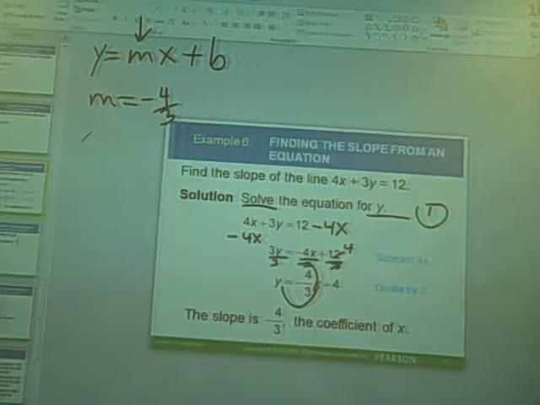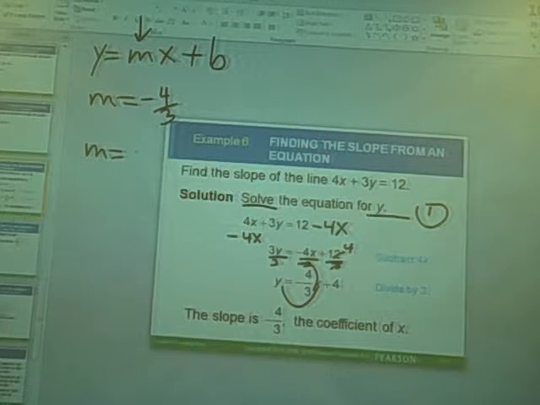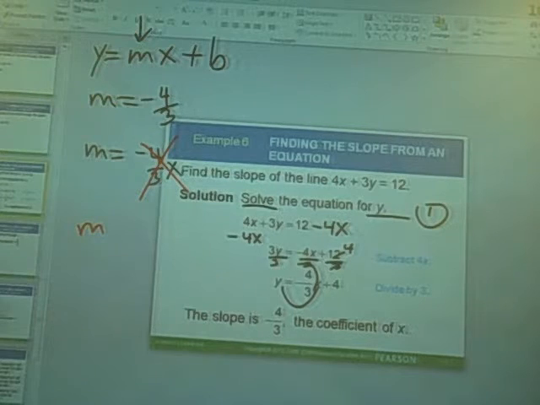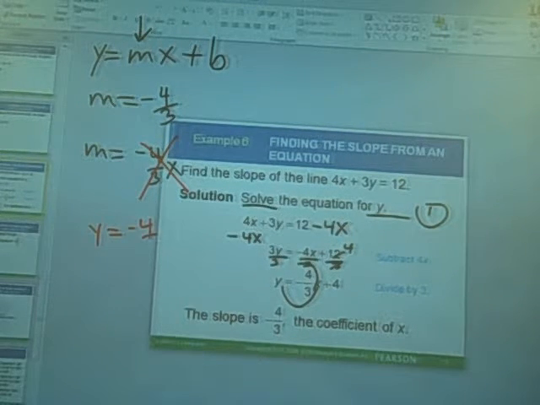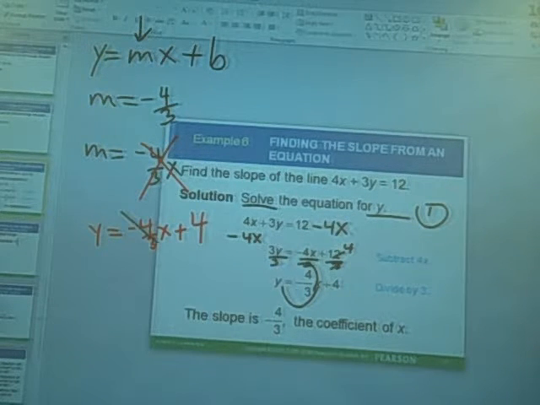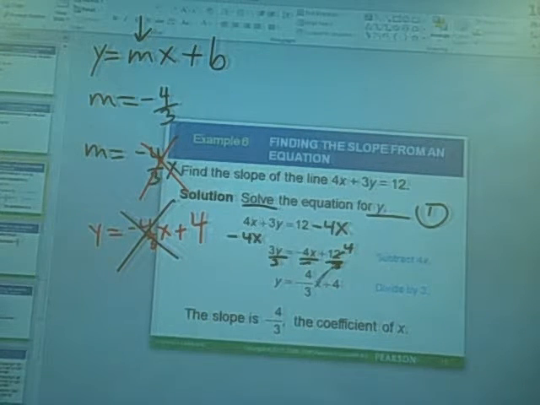It's not negative 4 over 3x, it's not that. And it's not the equation. Okay? It's only the coefficient of x. And that's all.